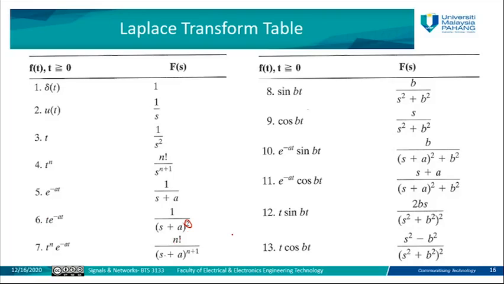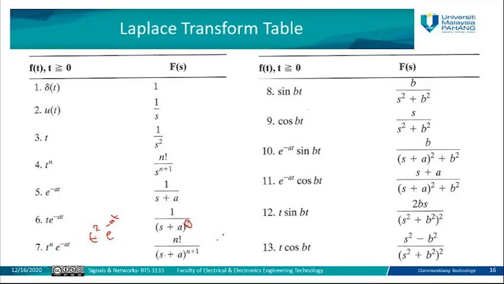So if you have, for example, t squared with the exponent negative a t, that means you are going to use this formula. The transform will be 2 times, because you have factorial of n here, so it will be 2 times 1.